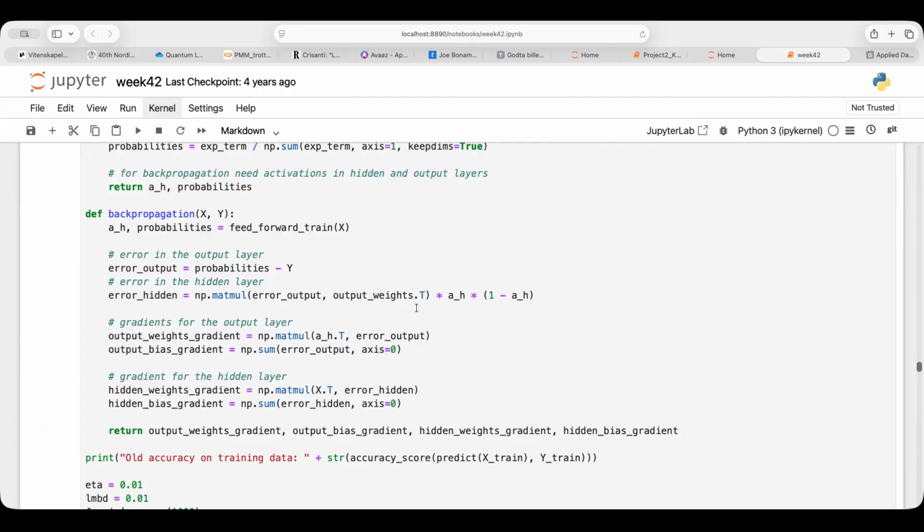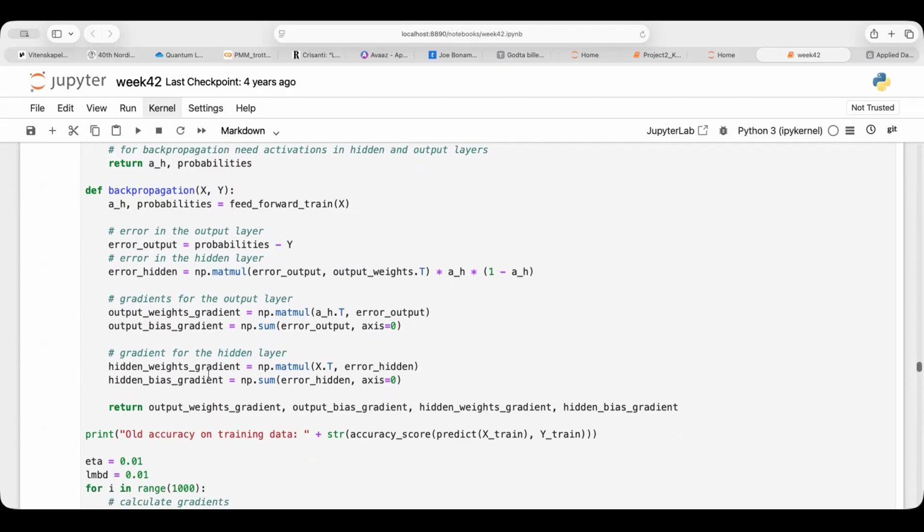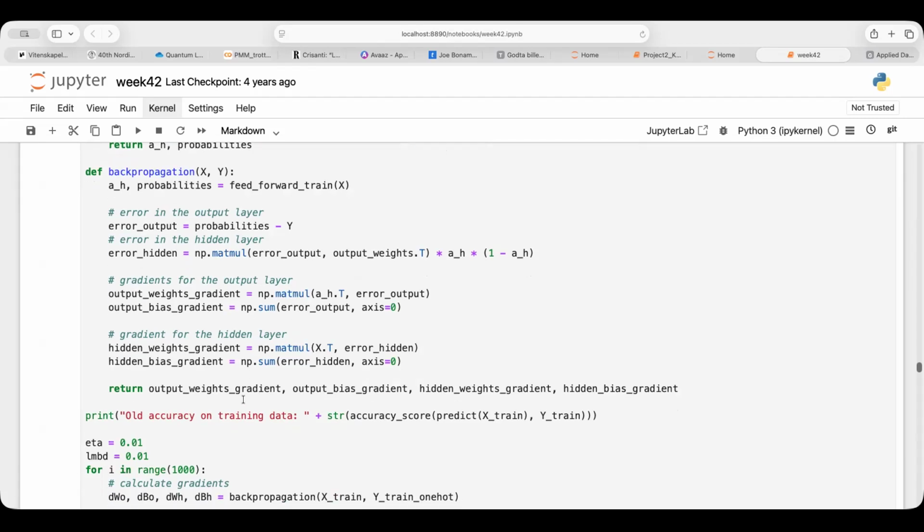And in our case, it now contains this expression, which we set up earlier, multiplied with the derivatives of the sigmoid function. So this is for the hidden layer. And if I now go to the output layer, this is then just going to be given by the weights and the biases, which we have for that equation. And this returns simply the output weights gradient, the output bias gradient, the hidden weights gradient, and the hidden bias gradient.